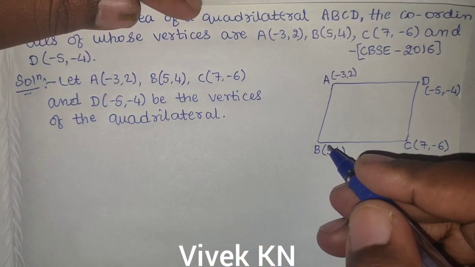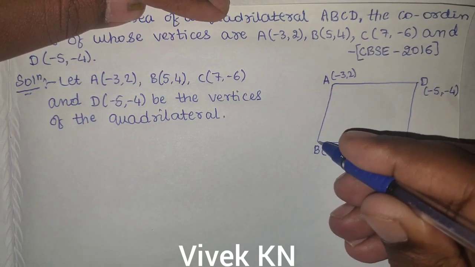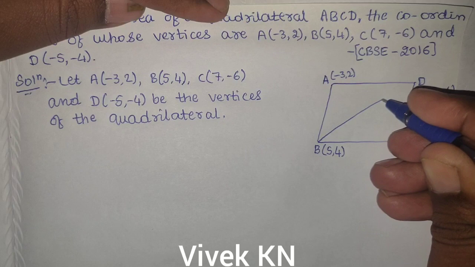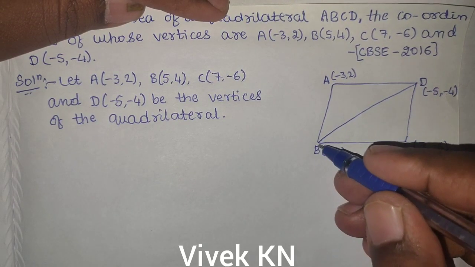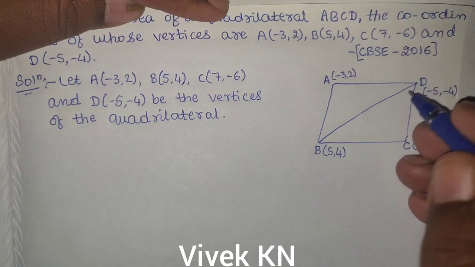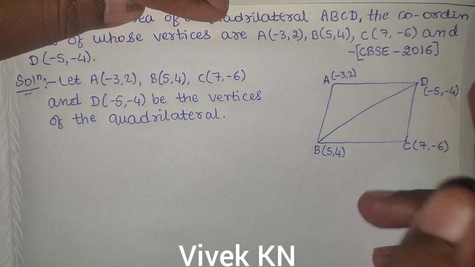Now let us join the vertex B and vertex D. So this is called a diagonal. This diagonal BD divides the quadrilateral ABCD into two triangles.